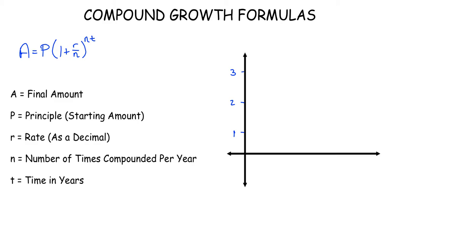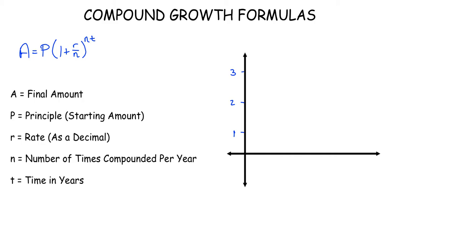For example, it may say that you're investing some amount of money into an account that is going to grow at 4% interest and it is compounded quarterly. As soon as I see the words compounded quarterly, I know I have to use the compound growth formula. Or if I see it's compounded daily or weekly or monthly, those are all triggers for me to know that I'm using this compound growth formula.